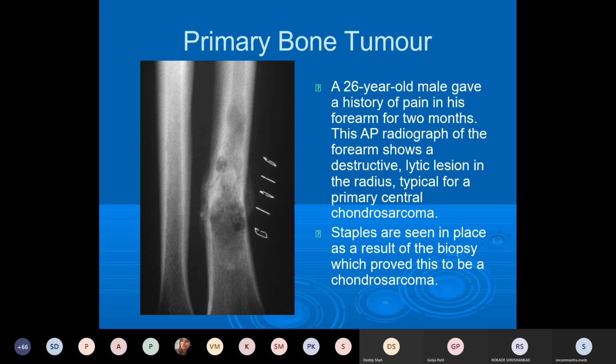So it is destructive plus lytic, because a reduced opacity is seen in the medulla of the radius, and that is typical of central chondrosarcoma. And you can see there are radio-opaque foreign body like structures here, and these are the staples which were used during the biopsy.